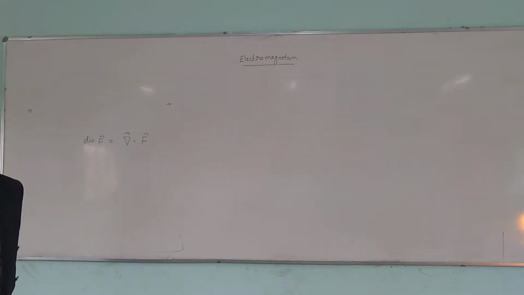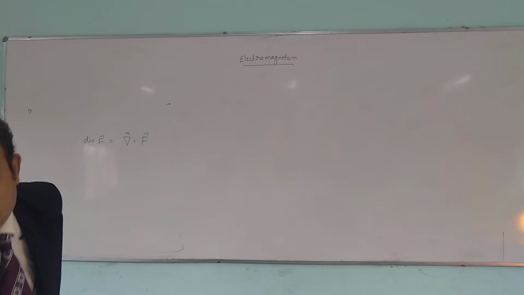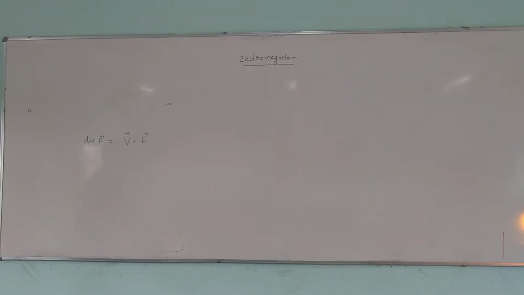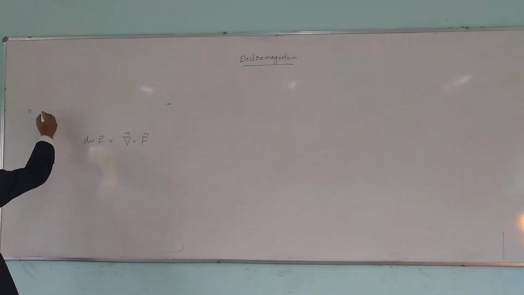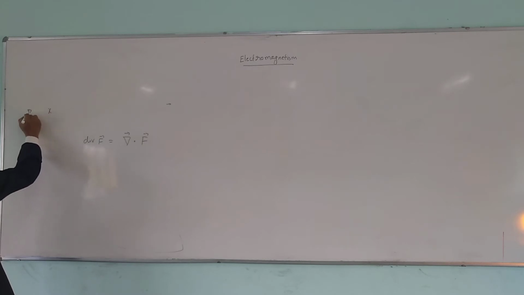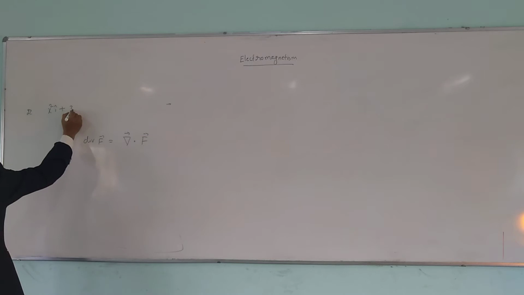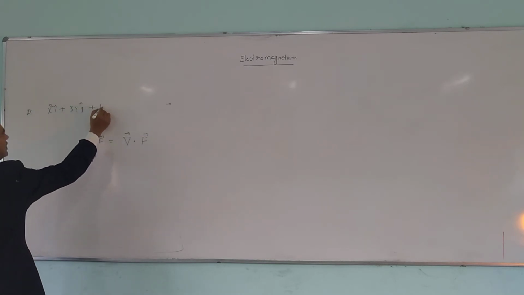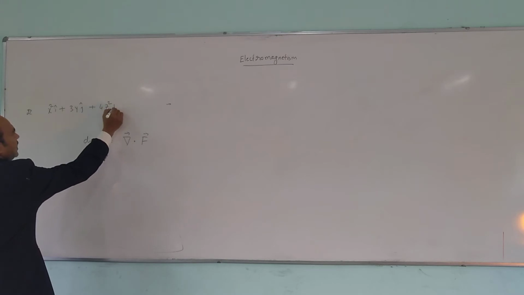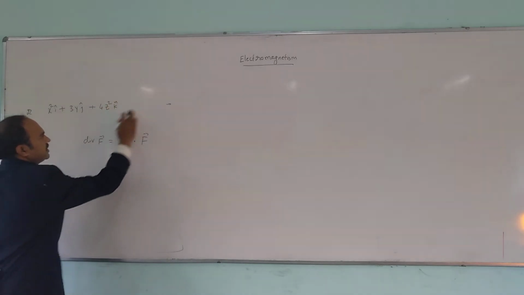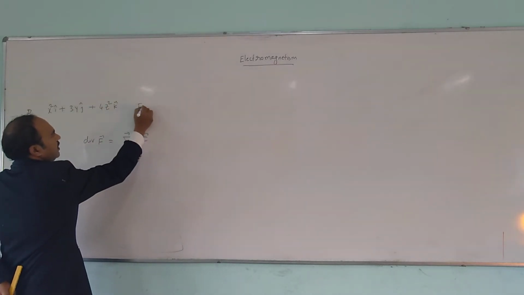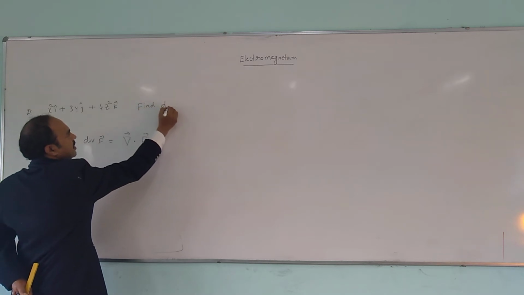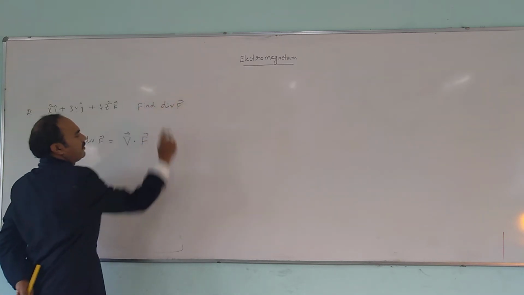The function is, problem number 2: x square into i cap plus 3y into j cap plus 4z square into k cap. The question is, find the divergence of the function f.